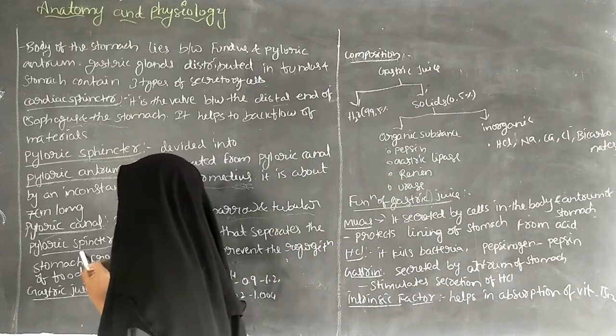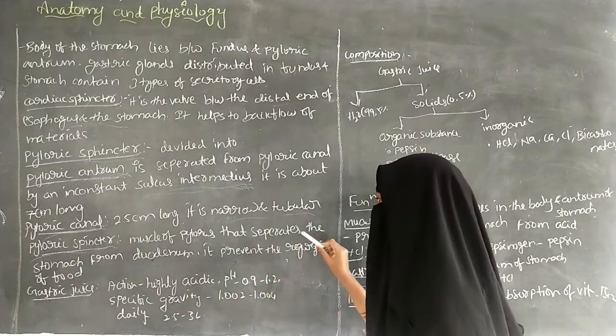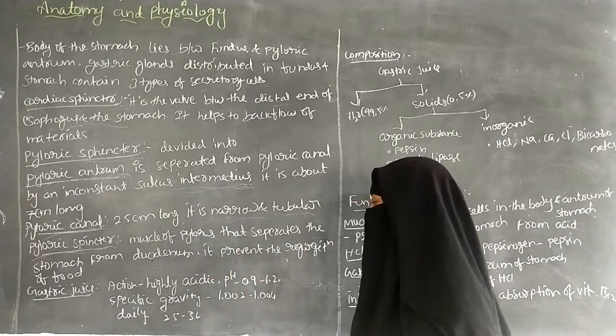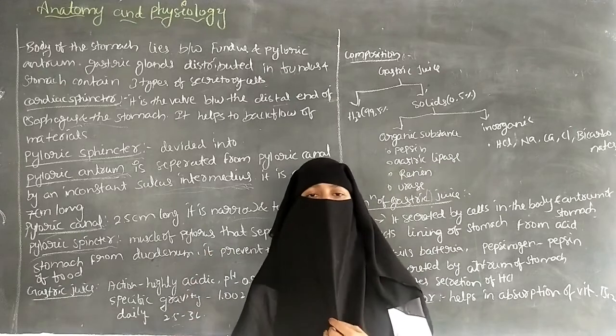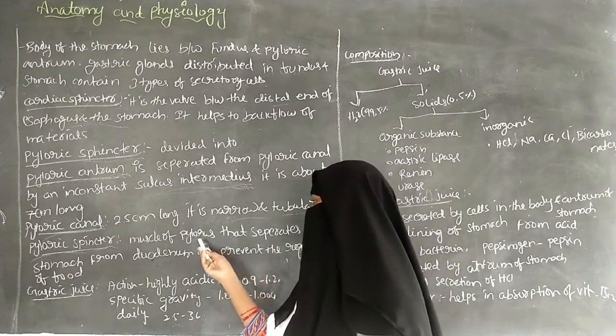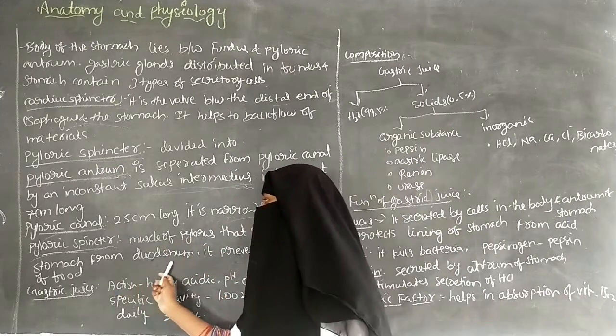Next is the pyloric sphincter, the muscles of the pylorus that separate the stomach from the duodenum. The pylorus means an opening, like a hole.